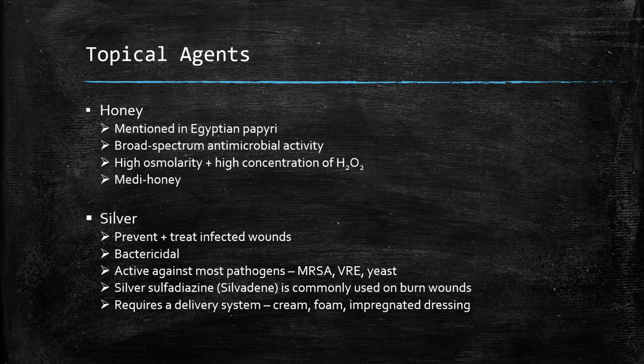Silver sulfadiazine, or Silvadene, is the most commonly used agent on burn wounds. One issue with using silver on wounds is that it requires a delivery system, and so silver-based wound dressings are applied as a cream, a foam, or an impregnated dressing.